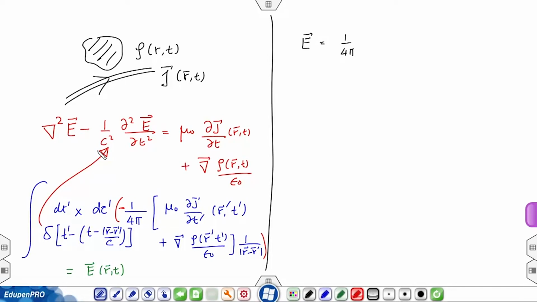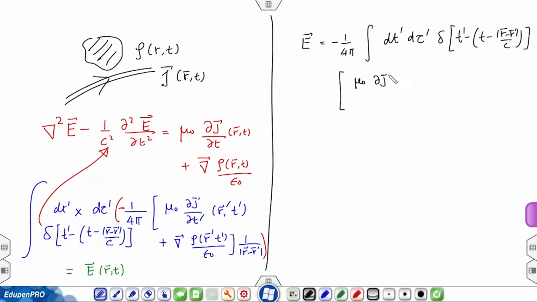So, this is going to be minus 1 over 4 pi integration dt prime d tau prime, delta of t prime minus t minus mod r minus r prime over c, multiplied by the source term, which is then mu 0 dJ over dt prime at r prime t prime plus grad of rho r prime t prime over epsilon 0, and on the outside there is this 1 over mod r minus r prime. That is the answer.